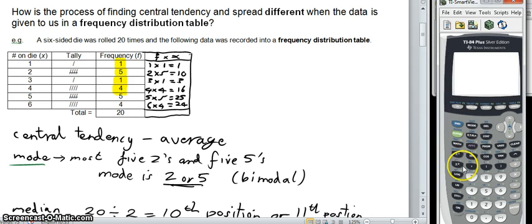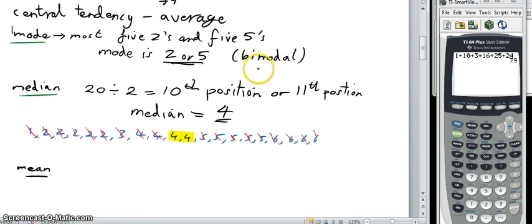Looking over here on the right, I've got 1 plus 5 2s make 10 plus 3 1s make 3 plus 4 4s are 16 plus 5 5s are 25 plus 6 4s are 24. And when I add all that together, I get 79.